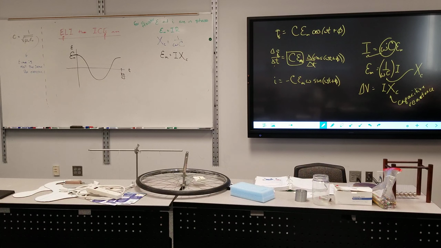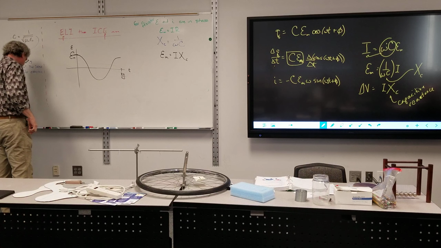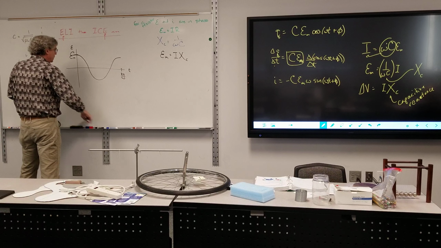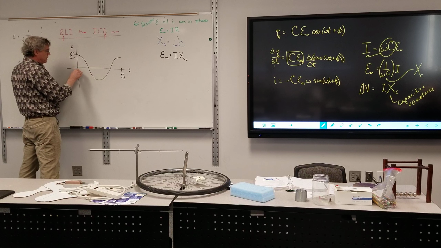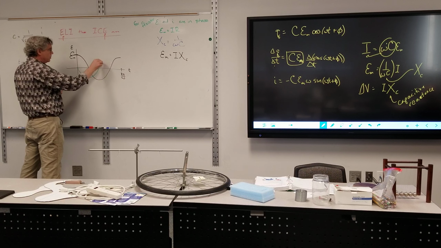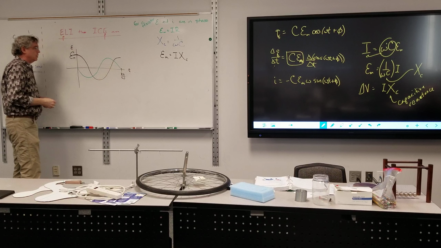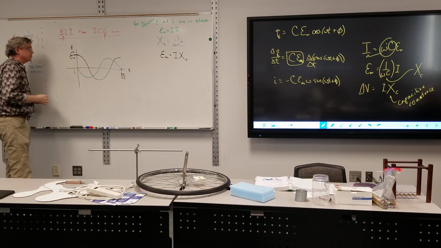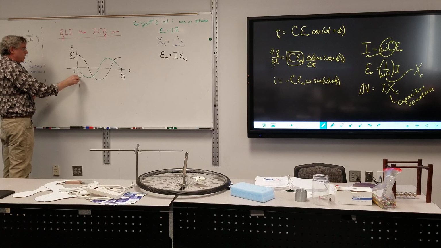And so for the capacitor, my current is a negative sine graph. Sine starts here, negative sine goes down, so it's going to bottom out there, and that's my current.